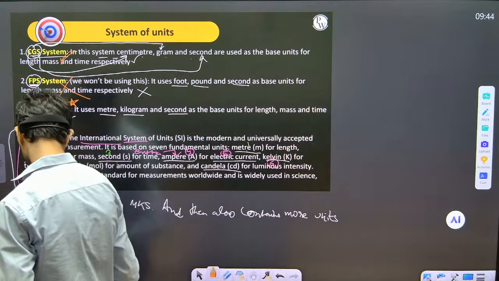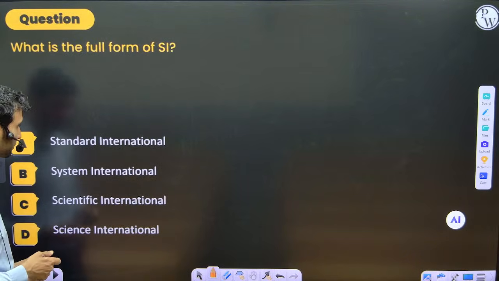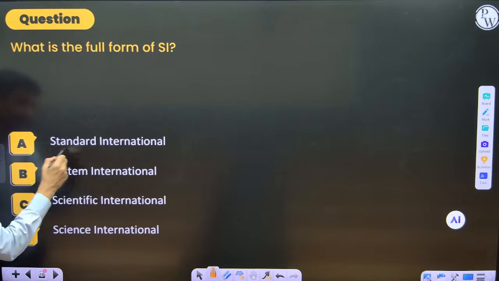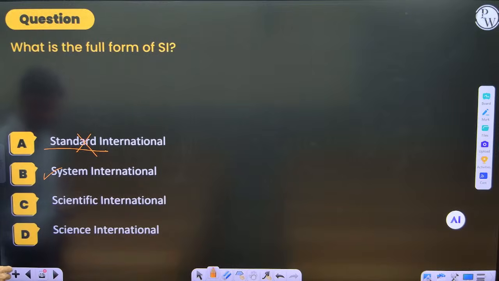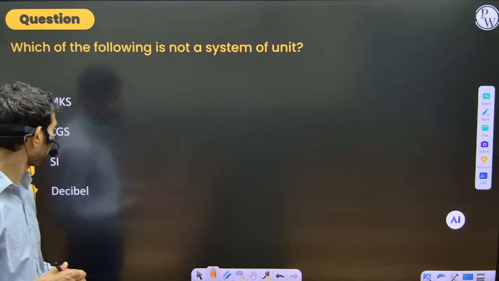Let's go ahead. Now let's do this problem. What is the full form of SI? It is not Standard International, it is System International. That's straightforward. Now, which of the following is not a system of unit? We have got a bunch of systems of unit.